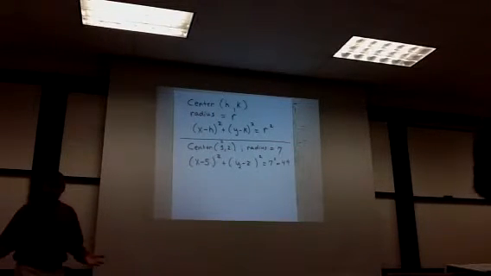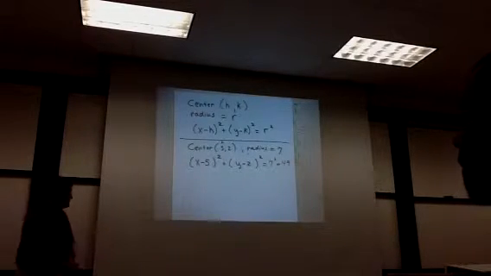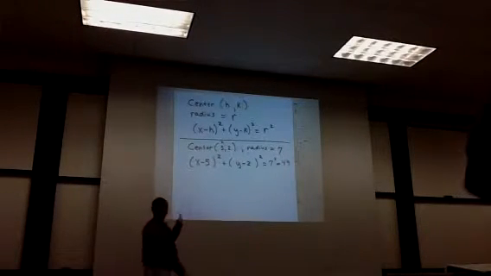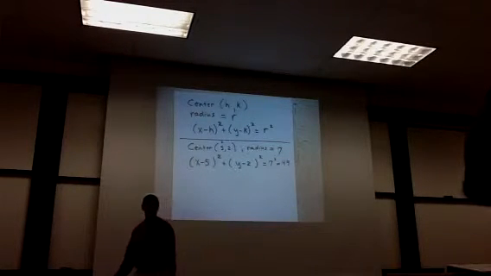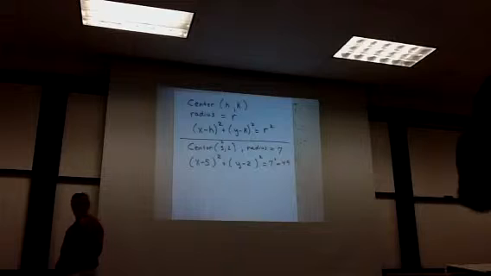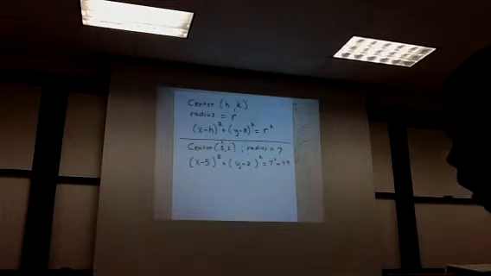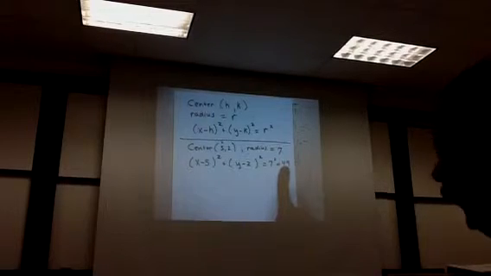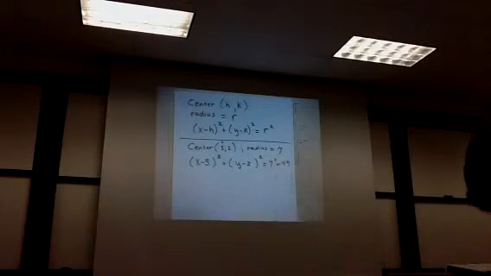What's the center of this circle? Don't know. It's not there. What's the center of this circle? It's obvious. 5, 2. It's just sitting there looking at you, right? So as long as you leave it in this form, the center is visible. And the radius is visible. Just take the square root of this guy. Got my radius. Do another one.